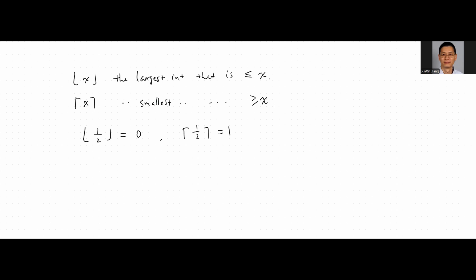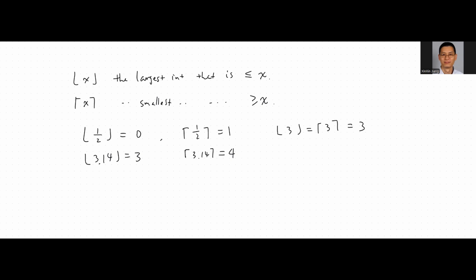And the floor of 3.14, the largest integer that is smaller than or equal to 3.14, is 3. And the ceiling is the bigger one, which is 4. So if you have an integer, then the floor and the ceiling are the same, which is that integer.